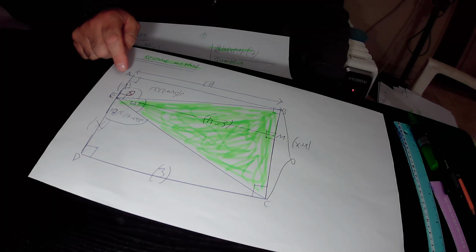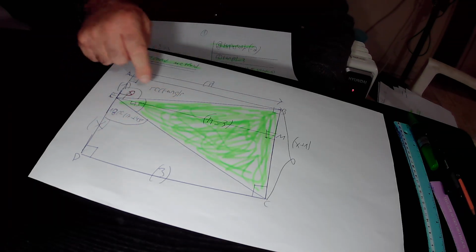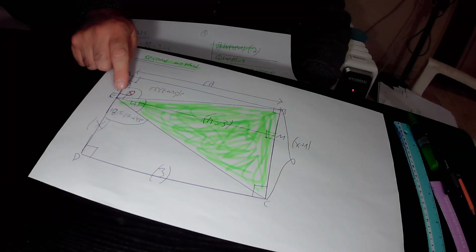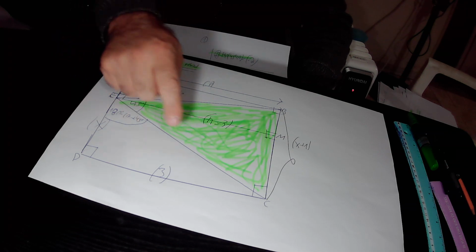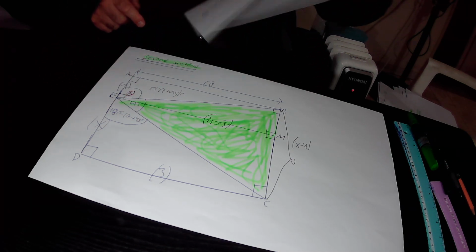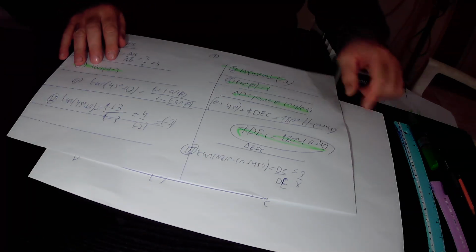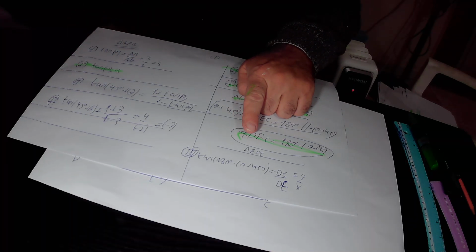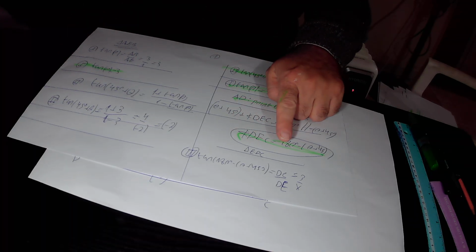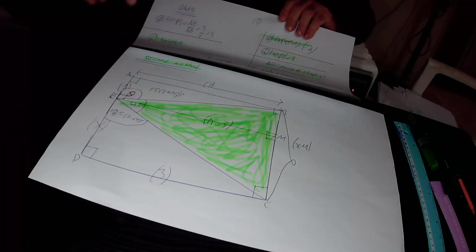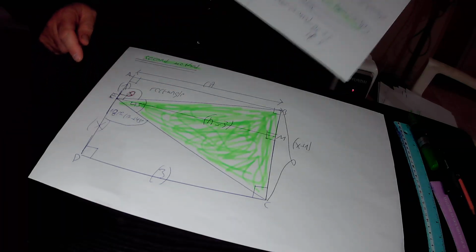The next step we focus on this right lower triangle, triangle EDC. In this right triangle EDC, tangent of 180 degrees minus theta plus 45 degrees equals DC over DE. DC is 3, DE is x.